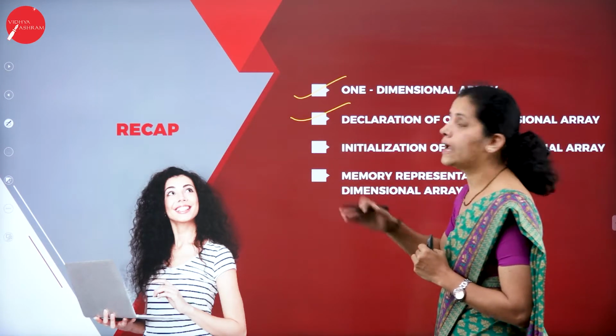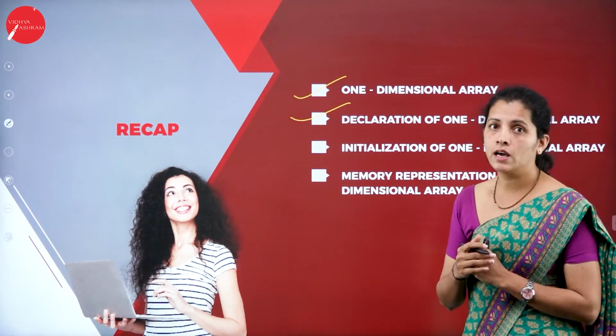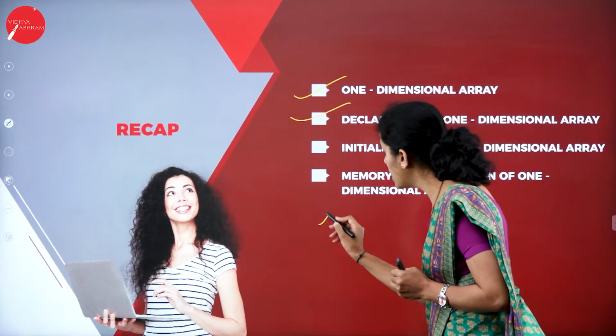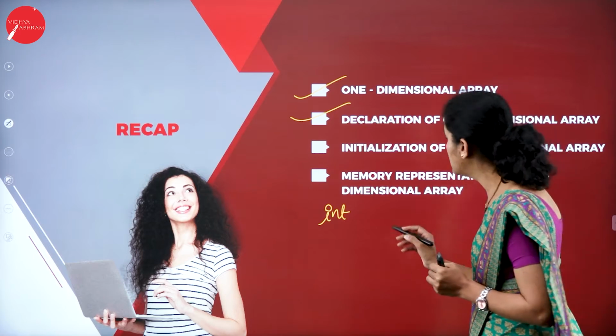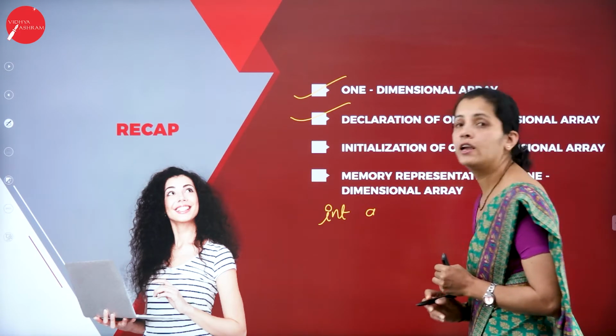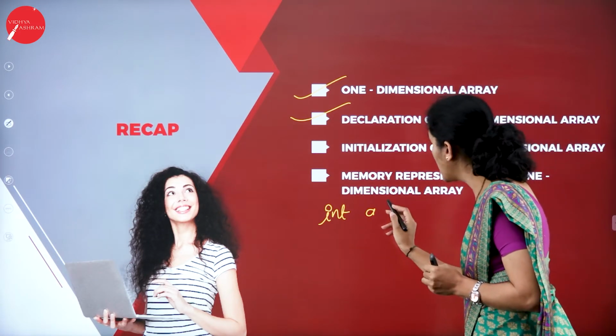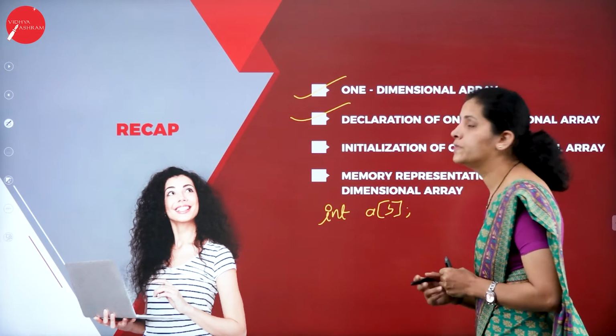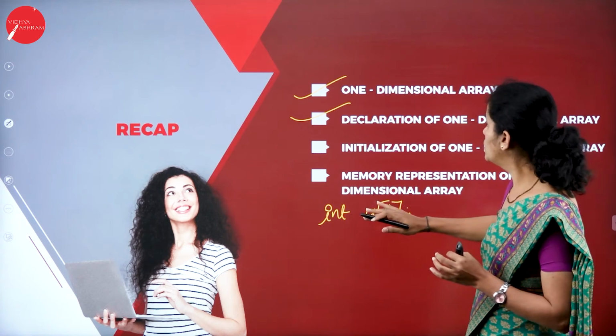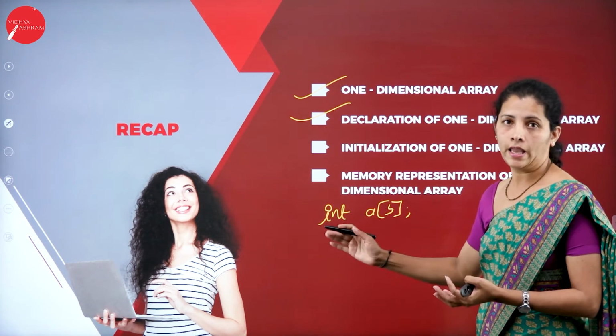So how can I declare a one-dimensional array? First I need to write the data type. Along with that, I need to mention the array name. Along with that, I need to specify the size. This is the way I can declare an array.